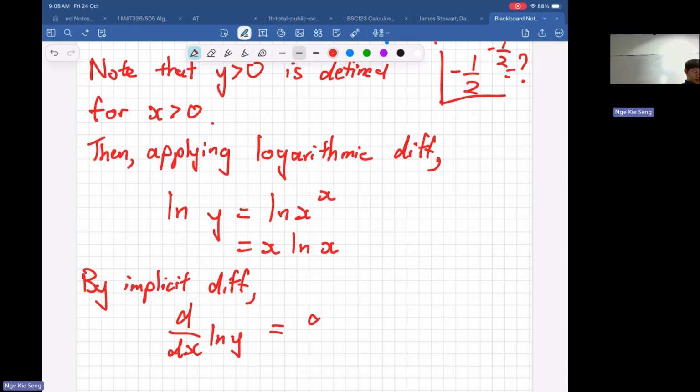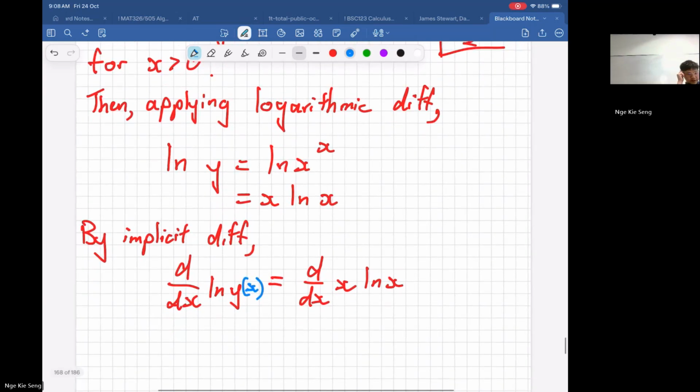So which variable is implicit here? y is implicit in terms of x, right? So differentiate ln y with respect to x. This has to use chain rule. If you use chain rule, you differentiate ln y, so you get 1 over y, and then you differentiate y, you get dy/dx.